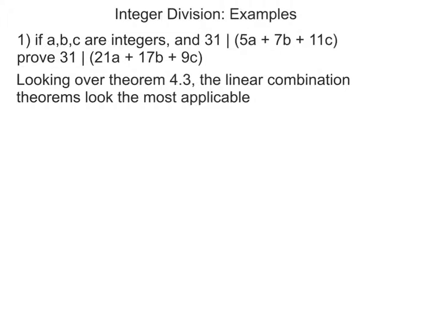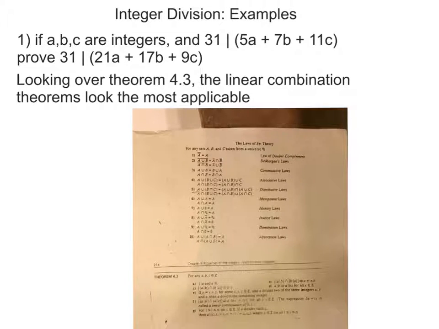So we'll look at Theorem 4.3. If you look at parts F and G, they deal with linear combinations. And since our problem here talks about linear combinations of a, b, and c, we're going to look at Theorem 4.3 part G. Theorem 4.3G is right over here, and it says for i between 1 through n, let c sub i be integers.